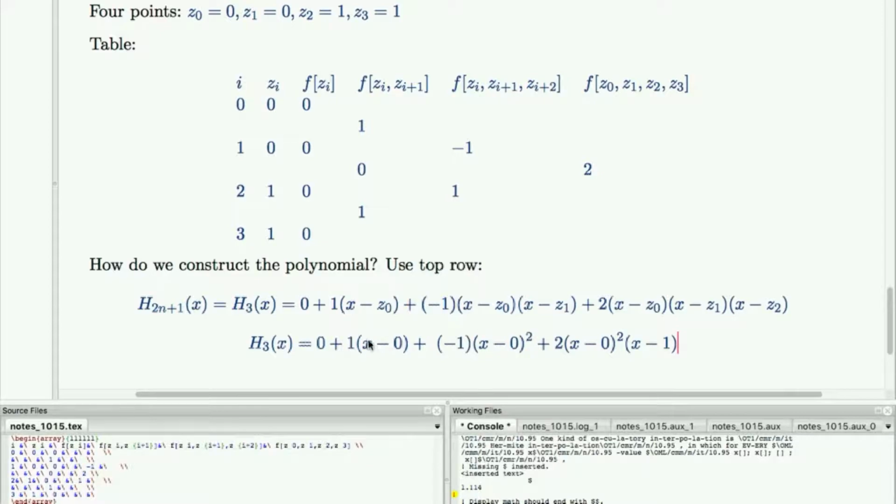I want to focus on this because this is what we see in a general case, that you have linear factors, x minus some x value, and you go 2 at a time. So notice we have x minus the first point listed twice, so it ends up being squared. Then x minus 1 appears once, and here we stop because it's cubic. But if I continued, I'd have x minus 1 squared.